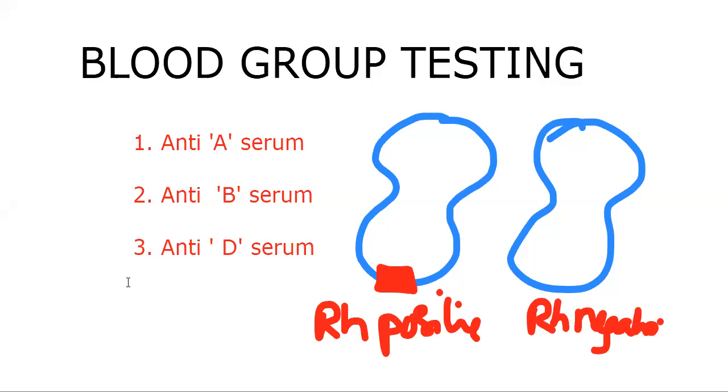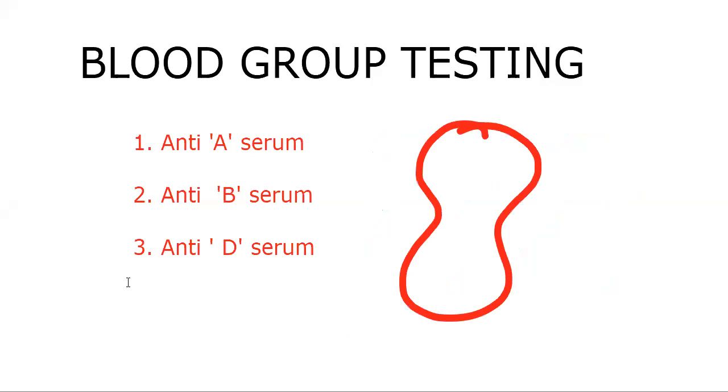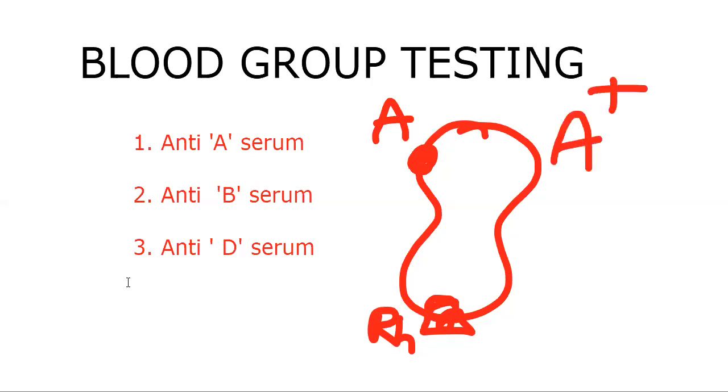The remaining is the same. Let me show you some here. This is an RBC with A antigen on the surface and also having the RH factor. What is the blood group of this? A positive. Very good.